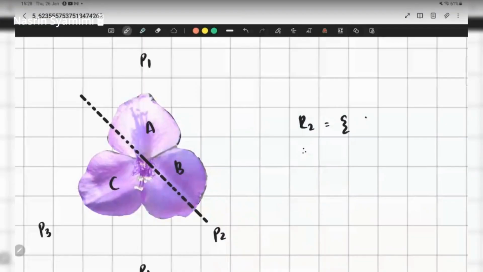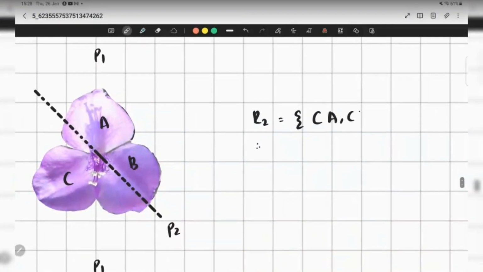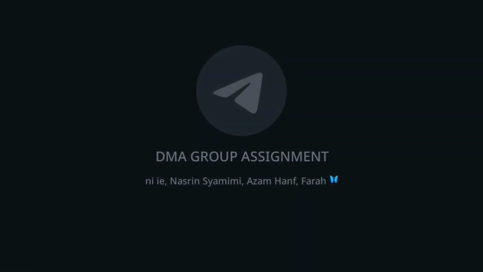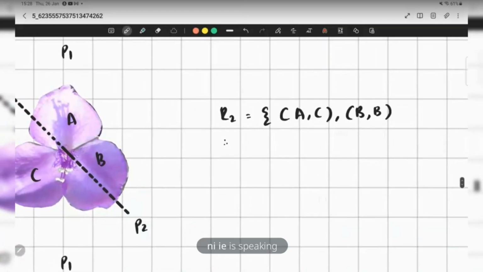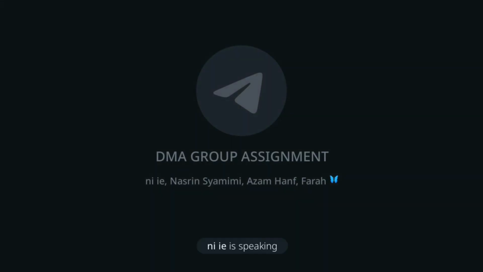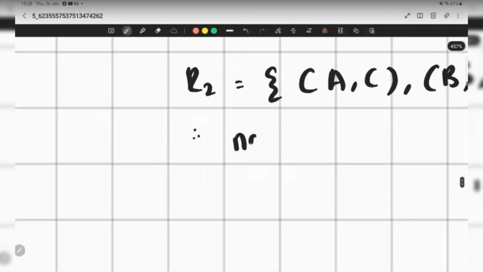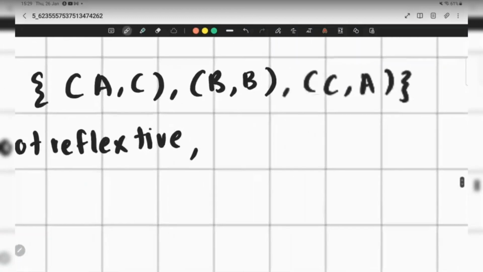A meets C, then B, C, and C meets A. So it is not reflexive, it is symmetric, and not transitive.